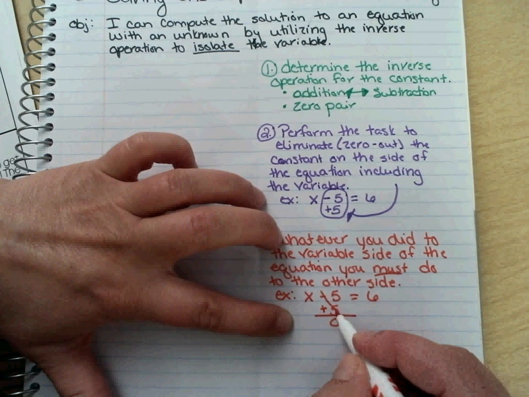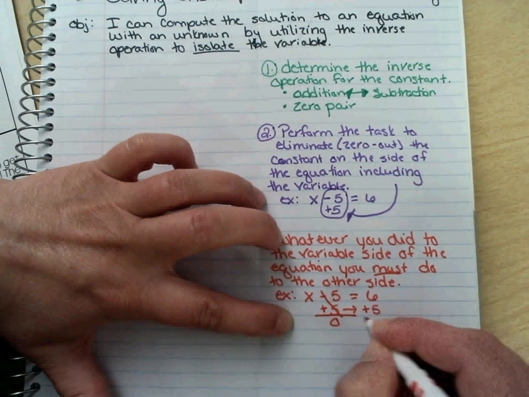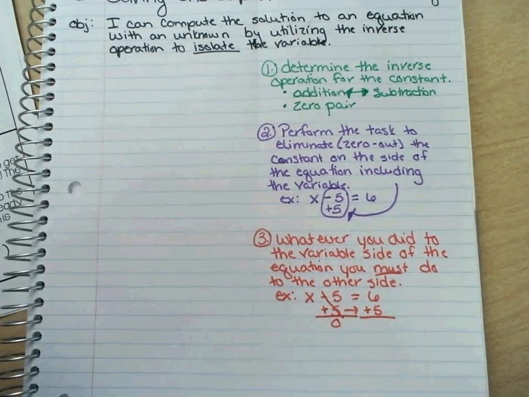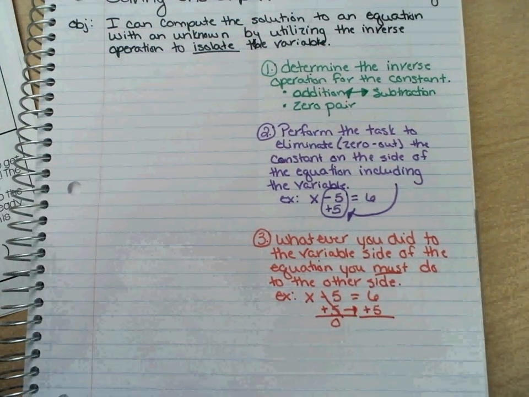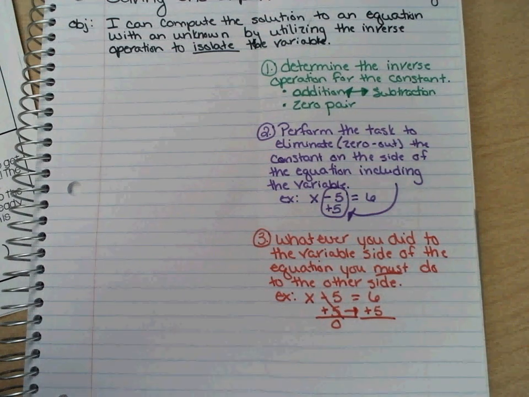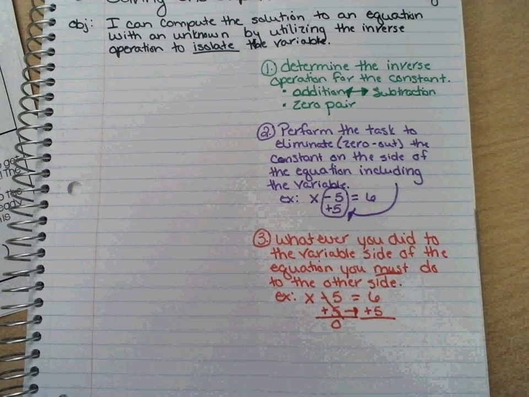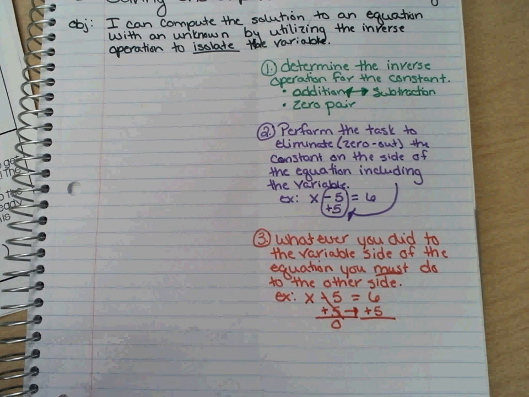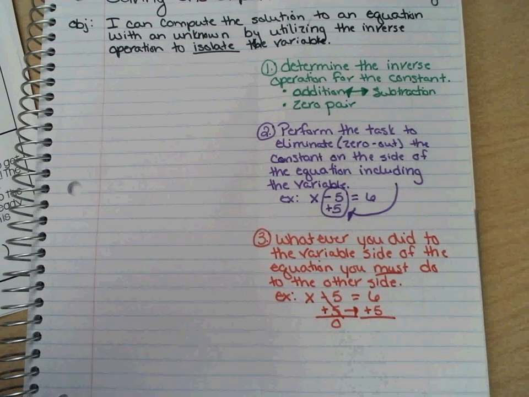So now I also have to do this exact same thing to this side of the equal sign. Okay? Same exact thing. Whatever I do to one side, I must do to the other. It's all about balancing the equation. And we're going to talk about that here in just a moment. Okay?